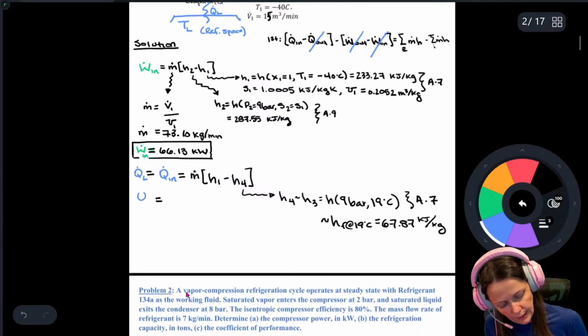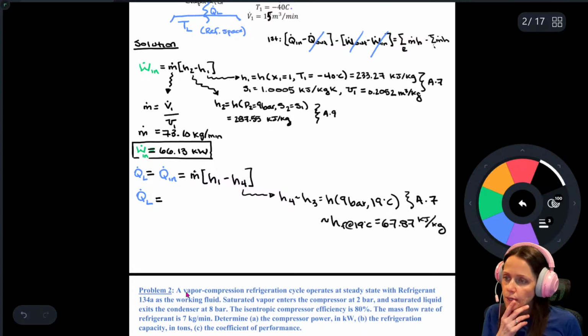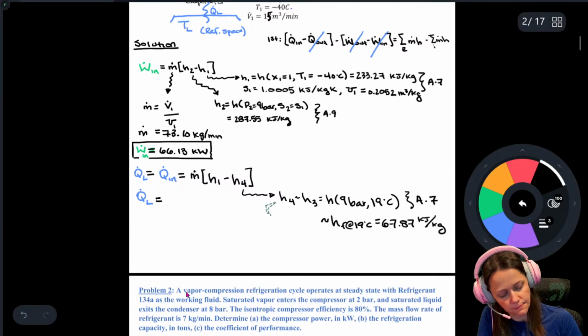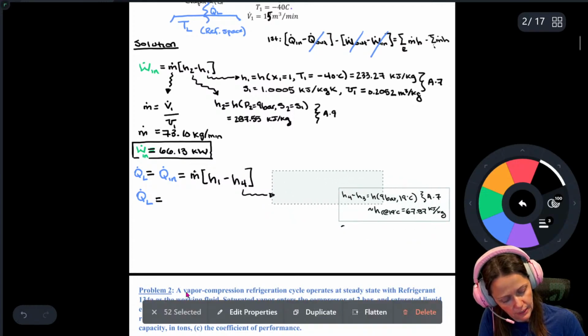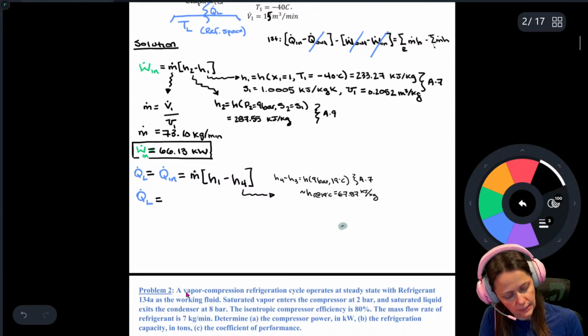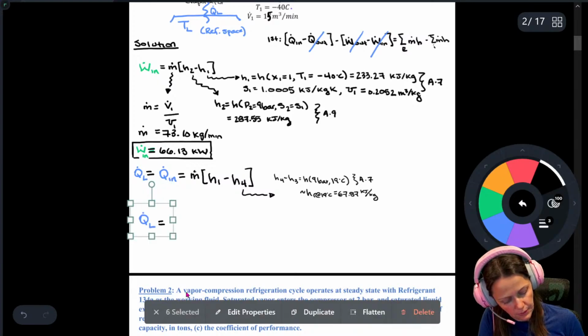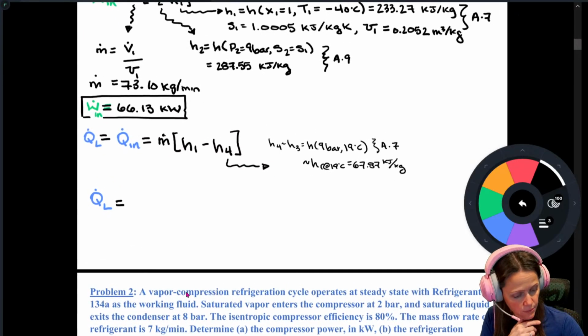So I have a Q dot L of, oh man, I want it in tons. Okay, fine. That's fine. So I'm going to have, actually, let's bring this down just a tiny bit. There we go.